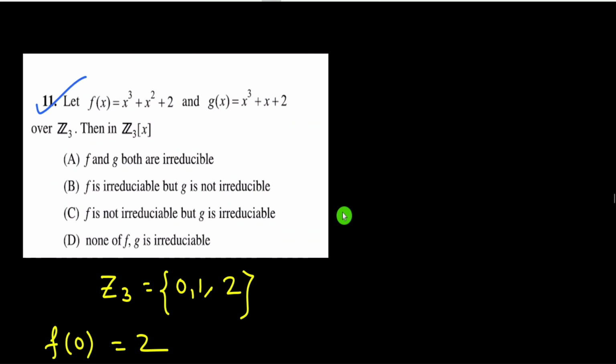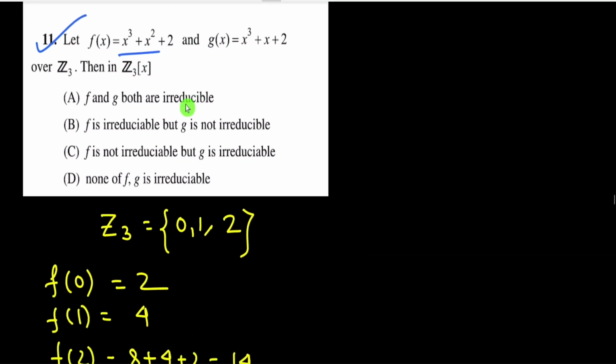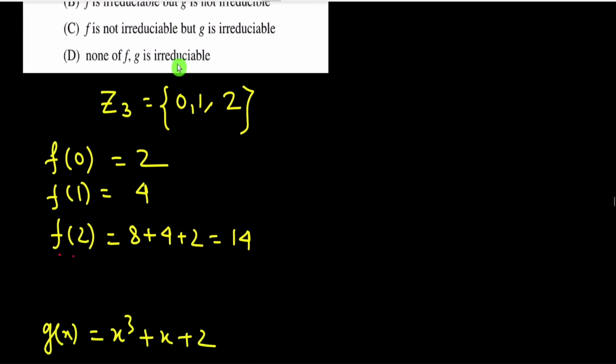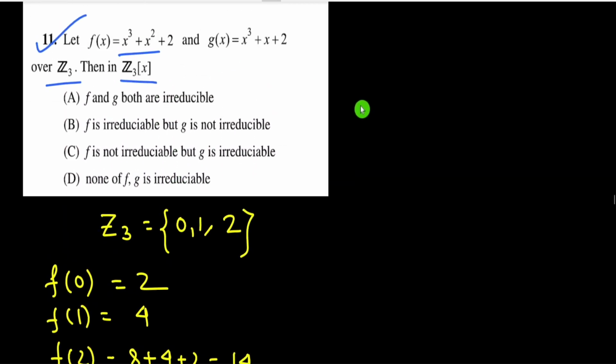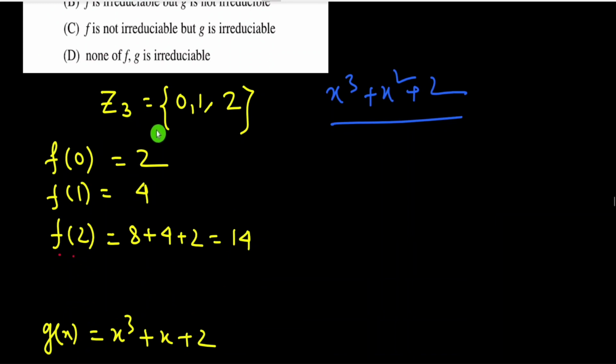Question number 11 says that f(x) equals x cube plus x square plus 2 and g(x) equals x cube plus x plus 2 over Z3. Then we have to check whether they are reducible or irreducible. The elements of Z3 are 0, 1 and 2.